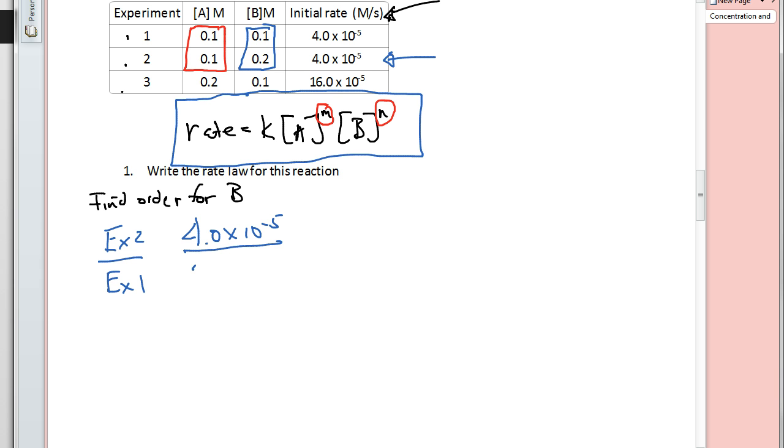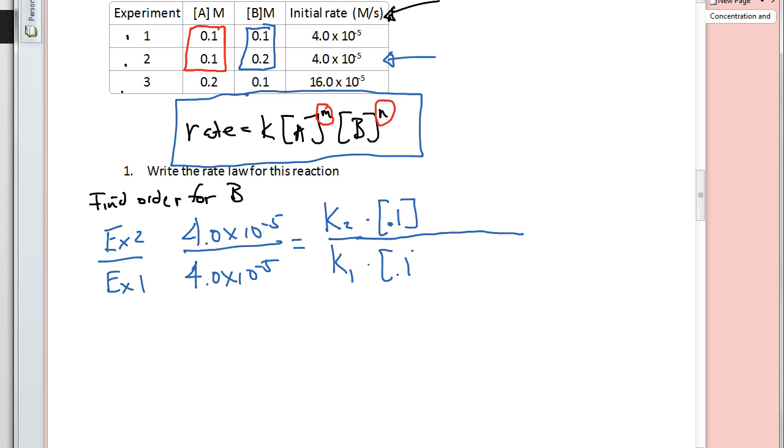Okay, I'm going to divide that by experiment number 1, 4.0 times 10 to the negative 5th. And I'm going to set that equal to K for experiment 2 over K for experiment 1. I'm going to go ahead and make this really long like this. Okay. Then I'm going to plug in the value for, let's see, we need A first. So A is going to be 0.1 divided by 0.1.